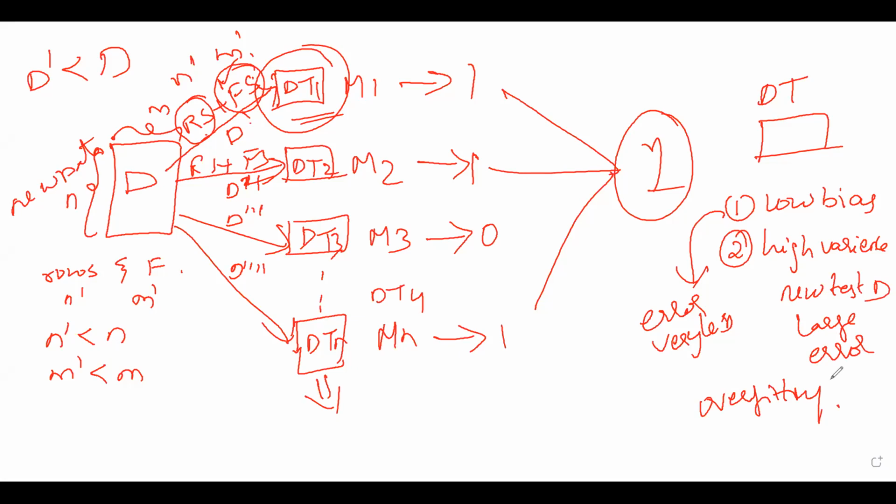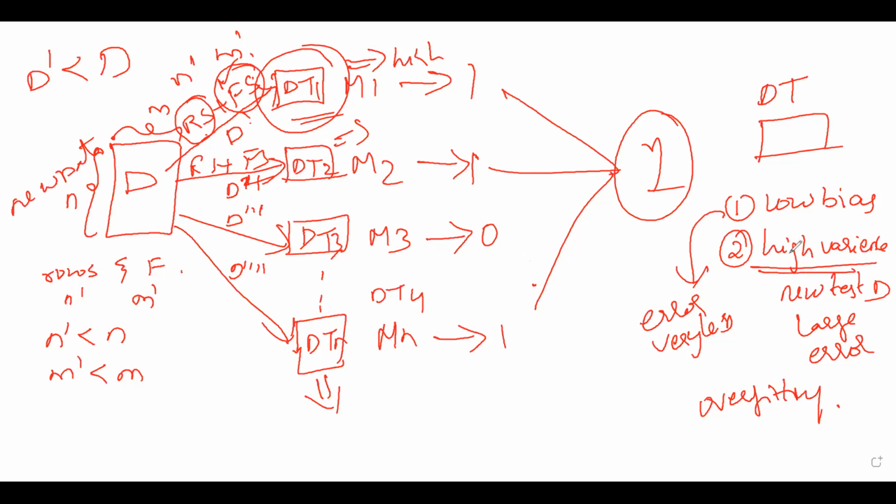So what happens in random forest? Here we are using multiple decision trees, each having high variance. But when we combine all these decision trees with the help of majority vote, the high variance is converted into low variance.